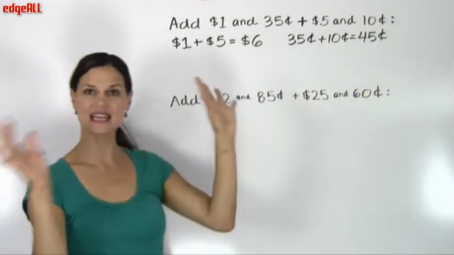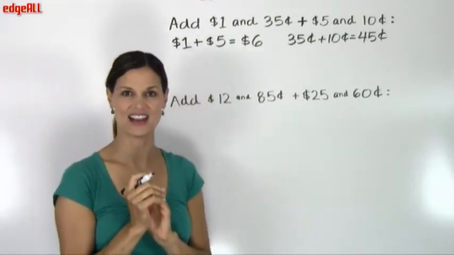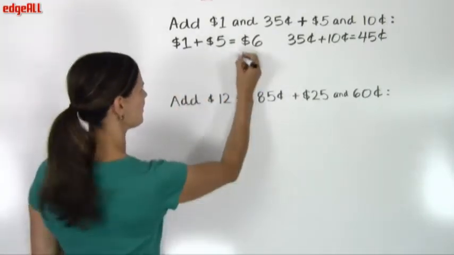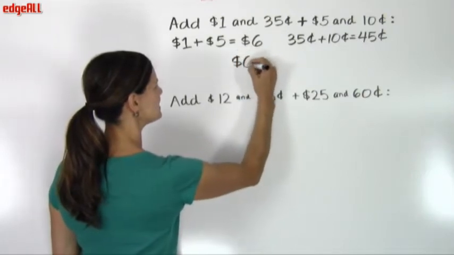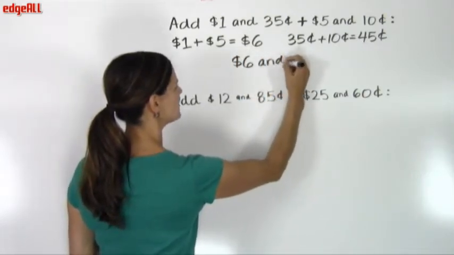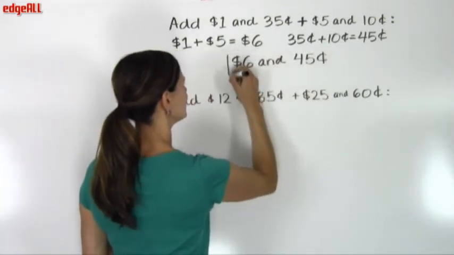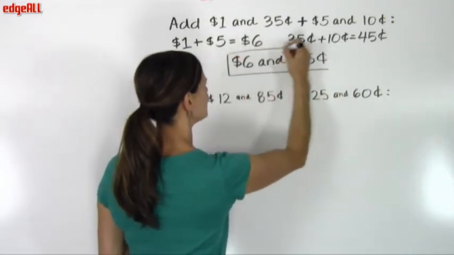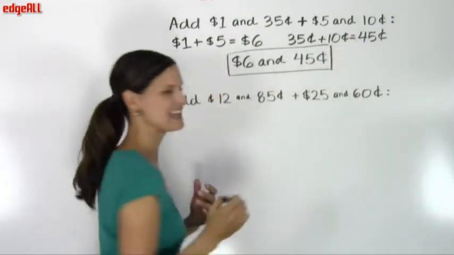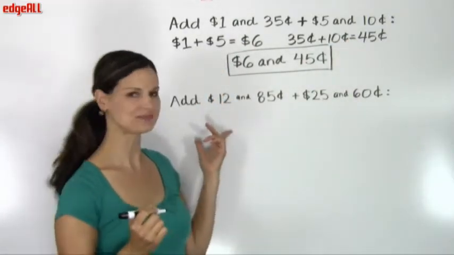So now I can combine those two for my answer and say that the answer to my problem here is $6 and 45 cents. I added dollars to dollars and cents to cents.